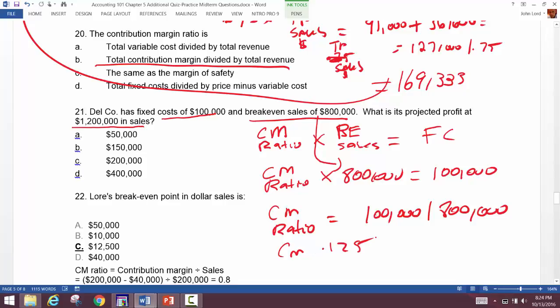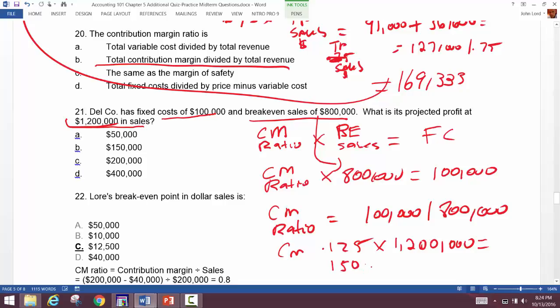And if I know that my contribution margin ratio is 0.125, I know that my contribution margin first goes to my fixed cost and then any profit, which is what this question wanted me to do, at a sales level of 1,200,000 right there. So I take the 1,200,000 times 0.125, which is going to give me what? 150,000?